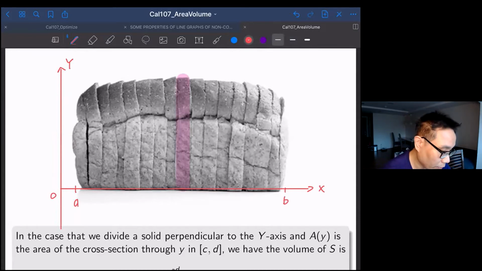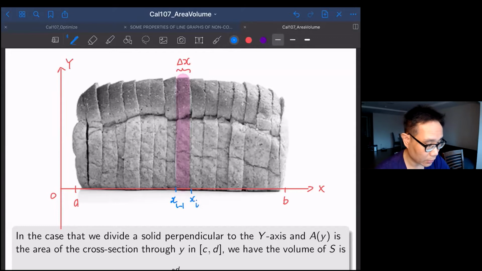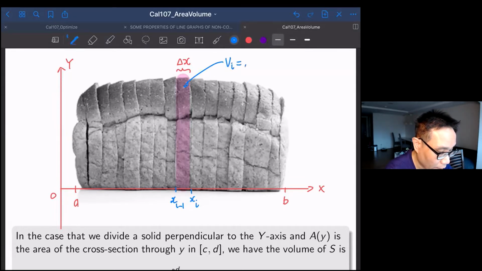And you see that this one is your delta x. Okay, so it's going to be your delta x, and delta x comes from x_{i-1} and you have your x_i like this. And when you compute, this is going to be the volume, let's say V_i. So V_i is going to be just A(x_i*) times delta x.